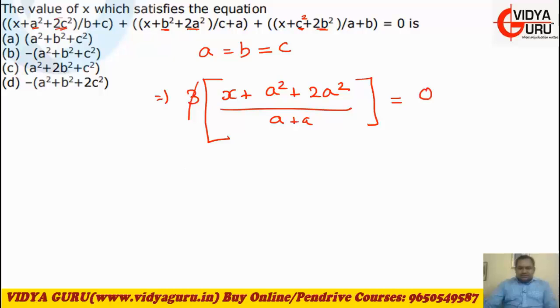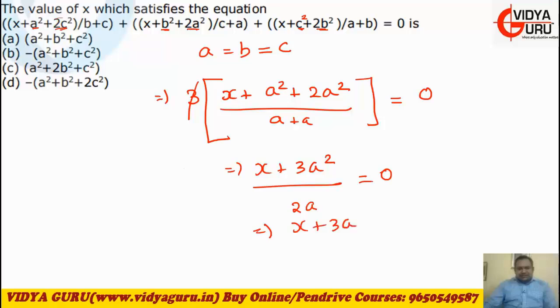So this means (x plus 3a square) divided by 2a is equal to 0. So from here it means that x plus 3a square must be equal to 0. So from here x must be equal to minus 3a square. So which option is correct? Minus 3a square. This option is correct.